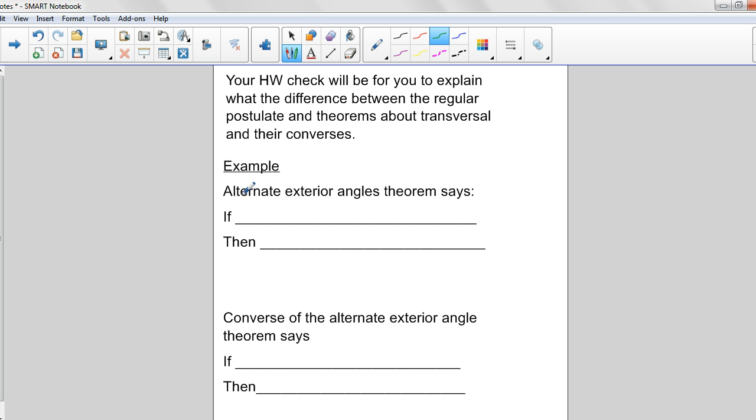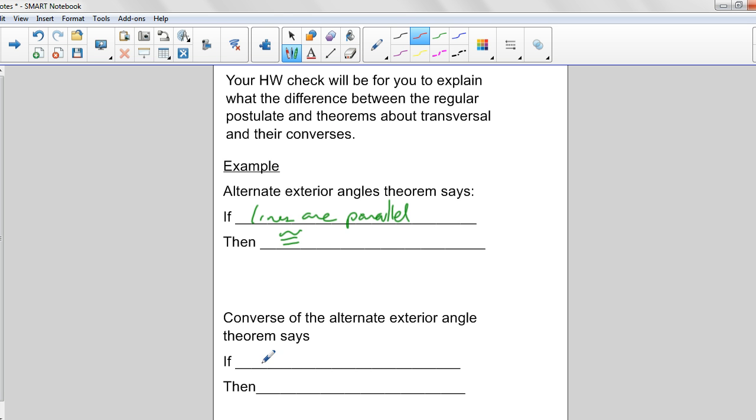Basically, here's an example. An alternate exterior angles theorem says that if lines are parallel, then the angles are either congruent or supplementary depending on the case. In this case, alternate exterior, they're going to be congruent. If we were talking about consecutive interior, it would be supplementary. The converse of this is if you switch it around.